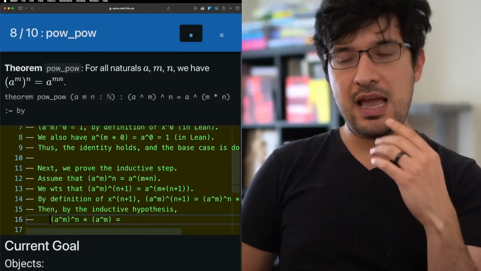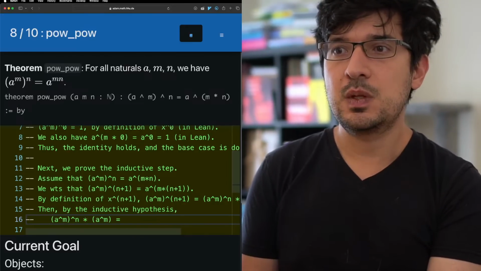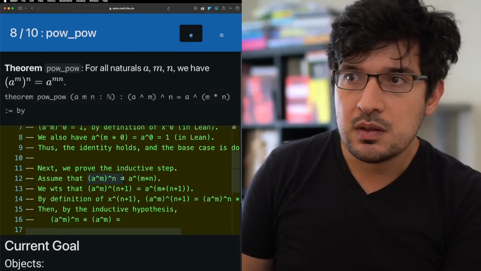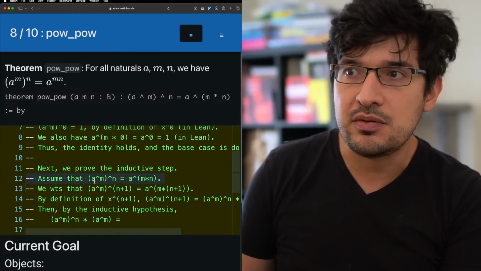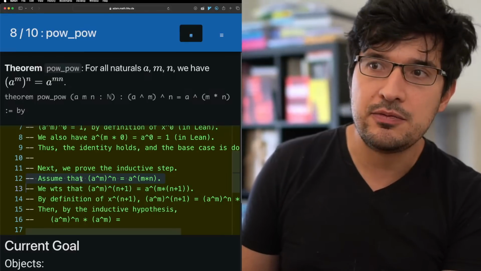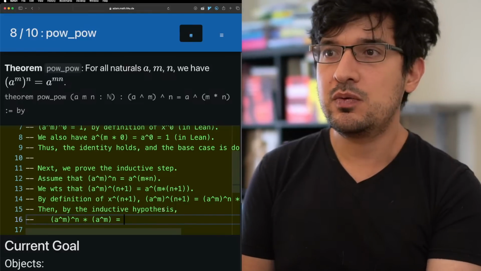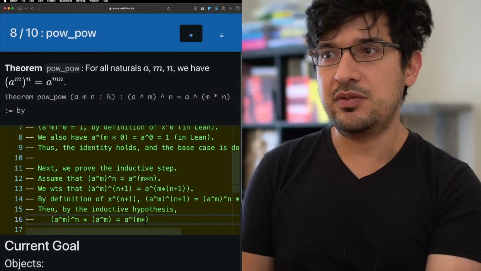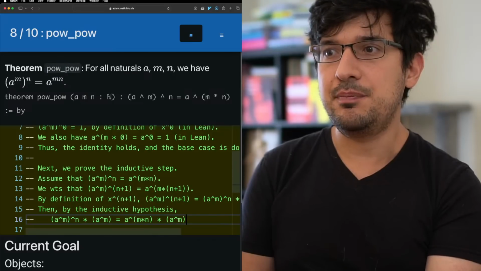A to the m raised to the n times a to the m. The inductive hypothesis, we assumed that a to the m raised to the n equals this. I'm sorry that the contrast doesn't look great, but we're on line 12. Is that an inductive hypothesis? So we can substitute that part, and then we have a raised to the m.